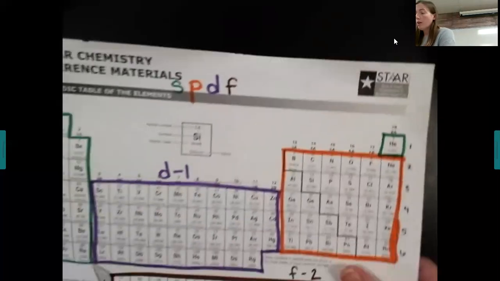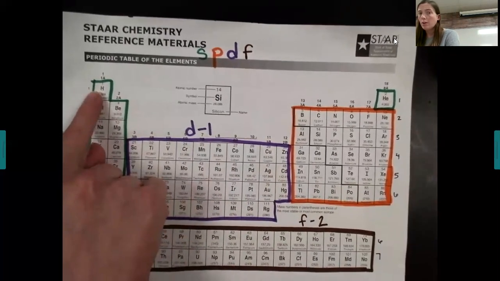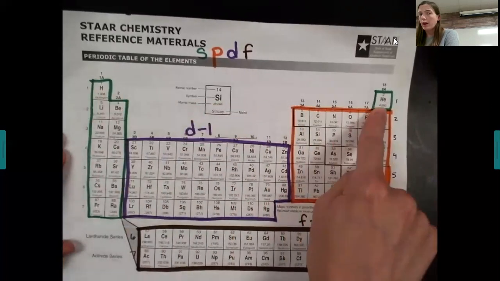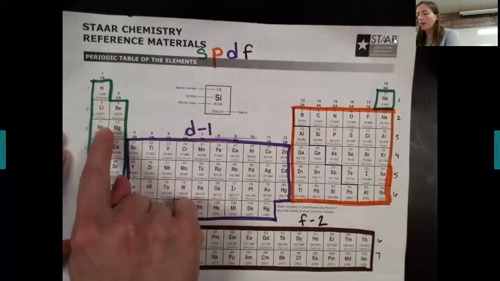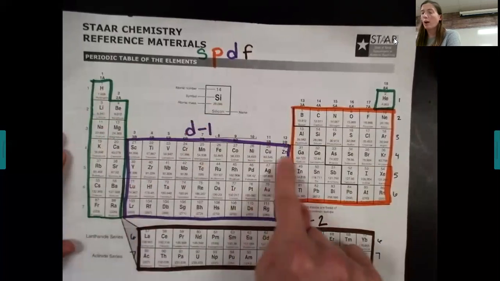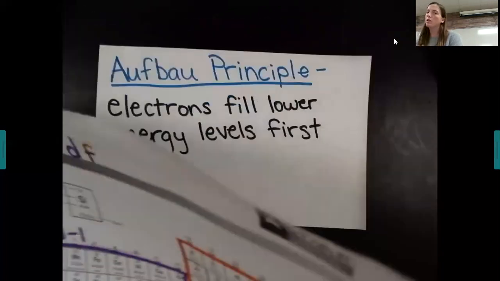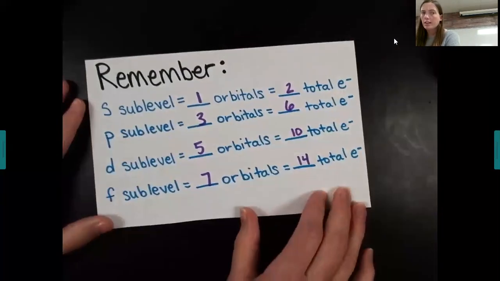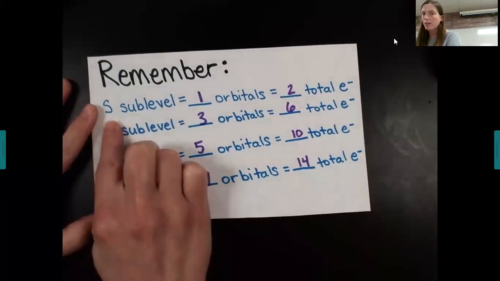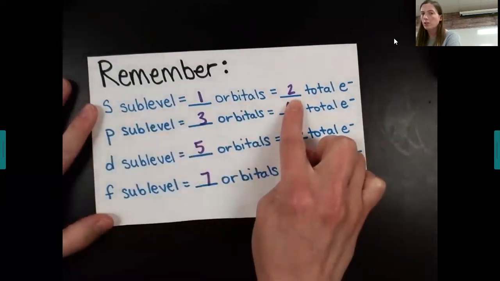Remember, that means that we start at the top and work our way left to right and top to bottom when it comes to finding the electron and writing out the diagrams. We'll go over that more in just a second. Another thing that I want you to remember is when we're looking at the sublevels, if it's in the S block, that means it can hold a total of 2 electrons.